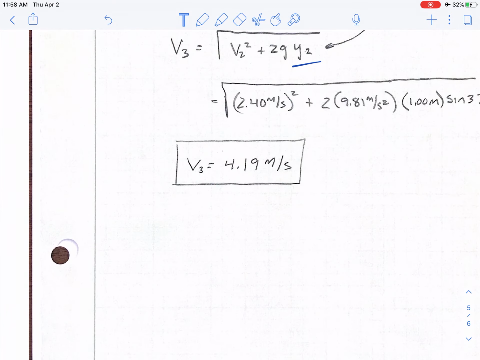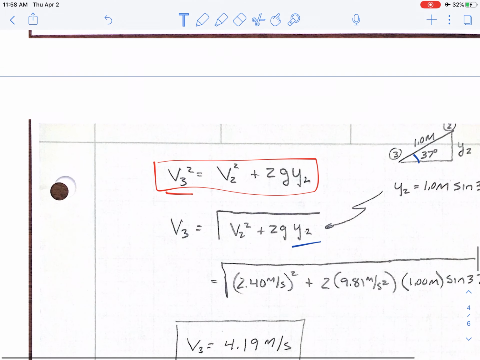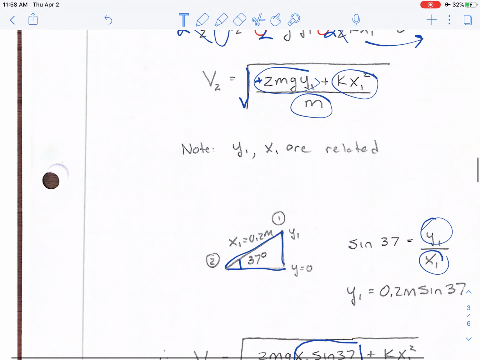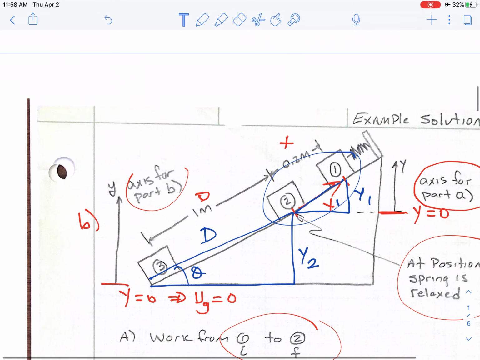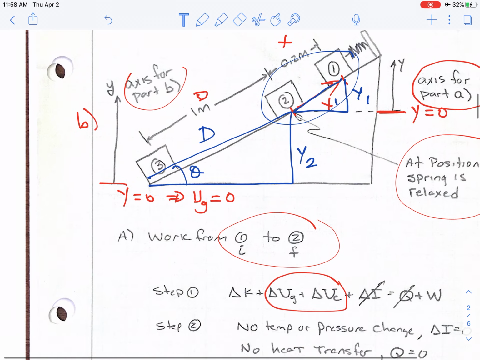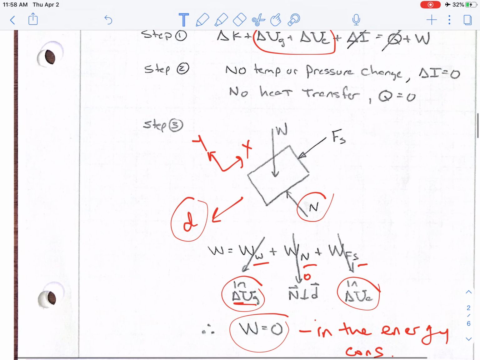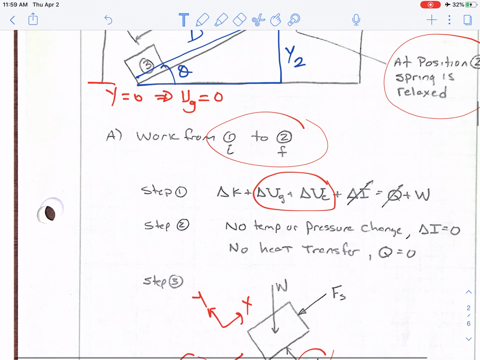Again, you can also do part B from 1 to 3, but there's also spring force. Spring force is going to be only for the amount of x. It's not going to be from x plus d, so be careful with that. But I would give it a try if you have time. Also, try to solve part B from 1 to 3. Your free body diagram is going to look more like part A, because you will have Fs for the partial path.